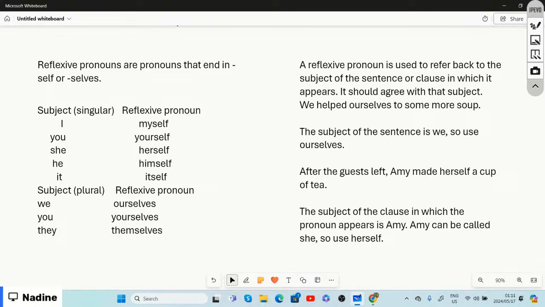So we see that a reflexive pronoun is used to refer back to the subject of the sentence or clause in which it appears.